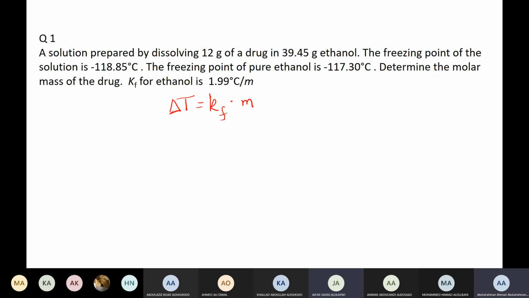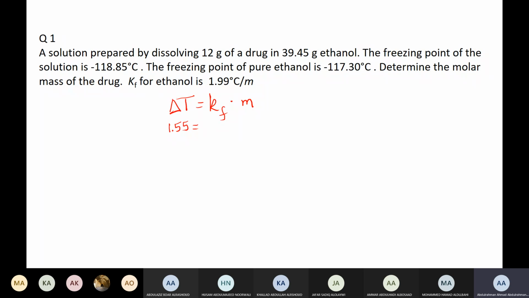Give me a number. 1.55, I think it's 55.